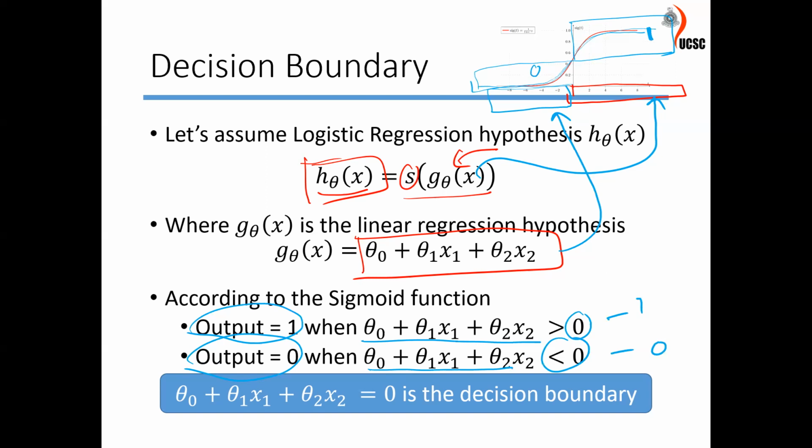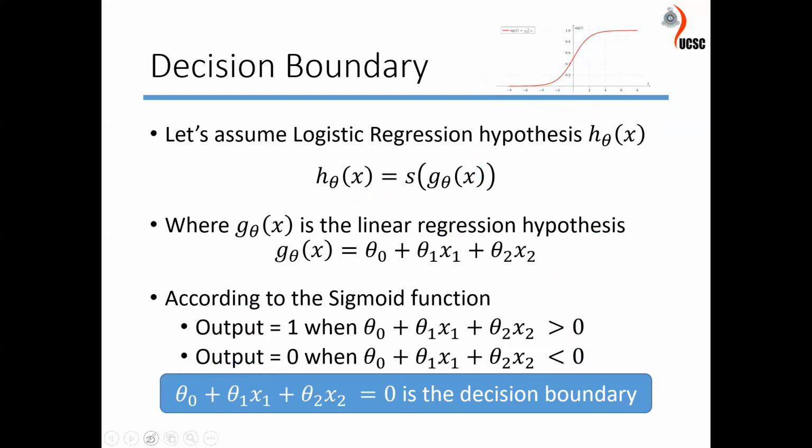The decision boundary is 0: if our linear regression is equal to 0, that's the decision boundary. Anything positive falls under class 1, anything negative falls under class 0.